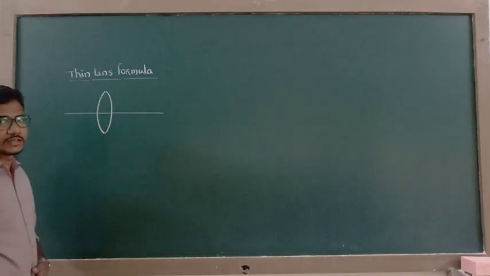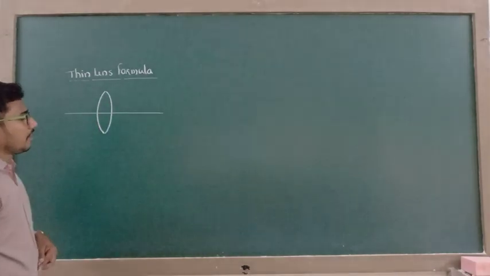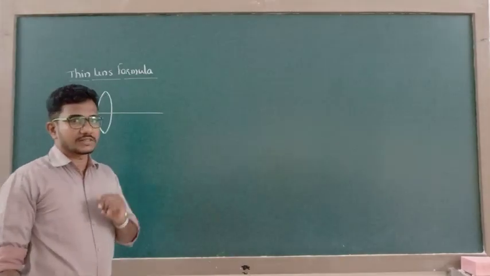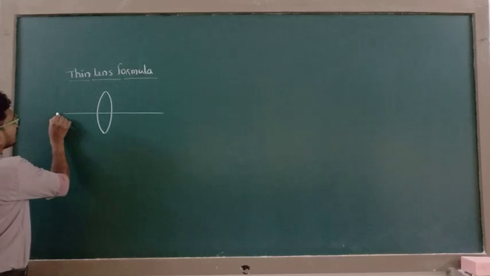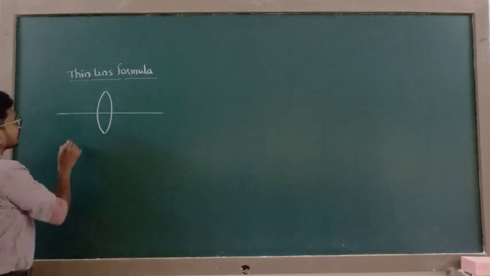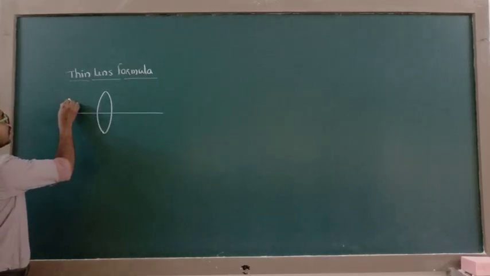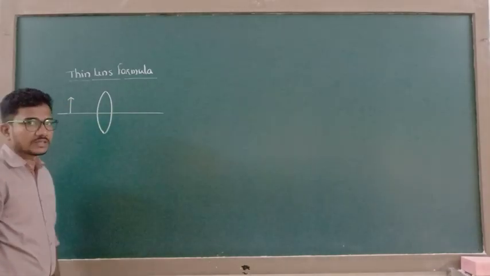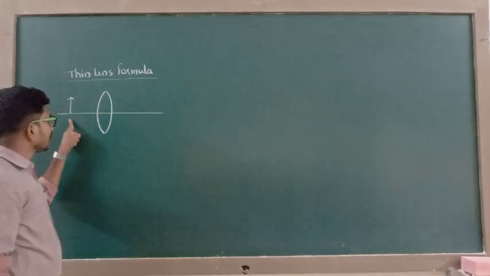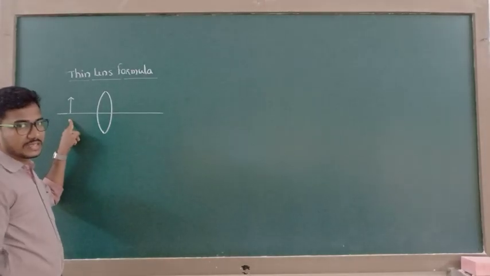We know that all distances are measured from the optical center in case of lens. So let us consider an object that lies at a center of curvature.